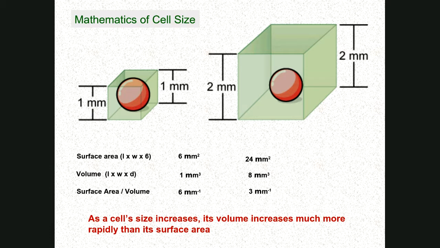So the cell must have a high surface area to volume ratio to maintain homeostasis.